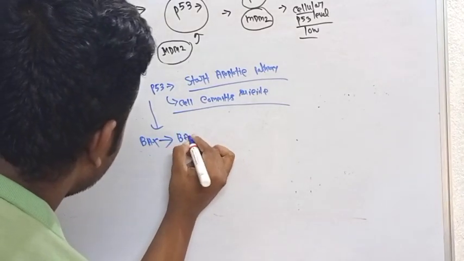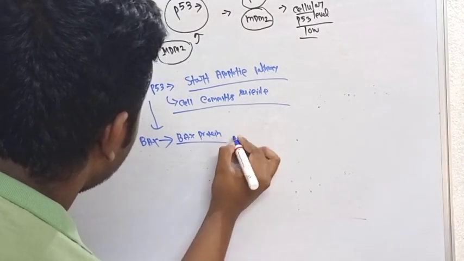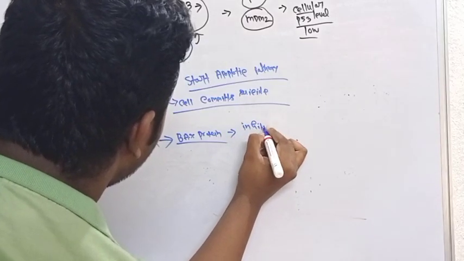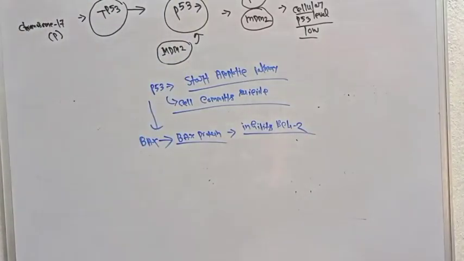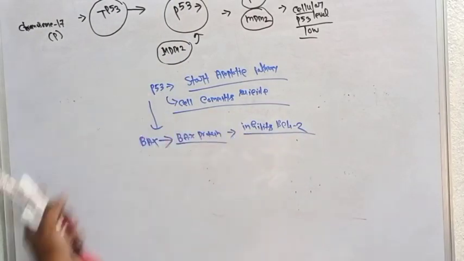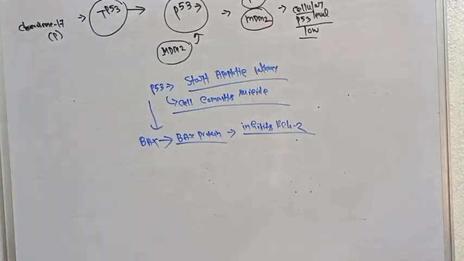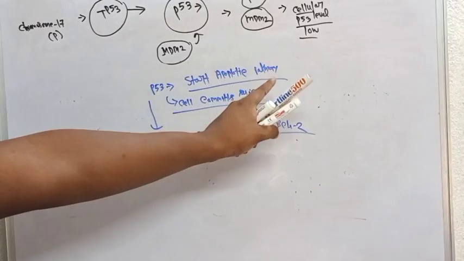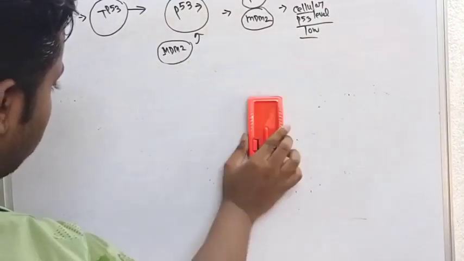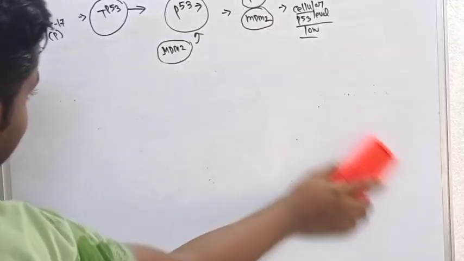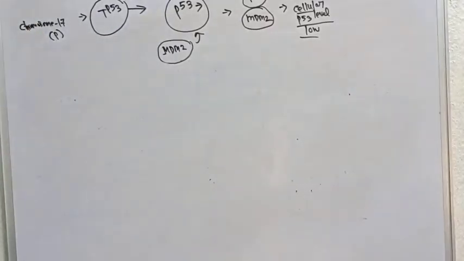This BAX protein inhibits a repressor called BCL2, which is a repressor protein of this apoptotic pathway. The BAX protein inhibits BCL2 expression. Therefore, the apoptotic pathway will be increased. P53 normally inhibits the expression of oncogenes, turning normal cellular proto-oncogenes into oncogenes, and other kinds of viral oncogenes.